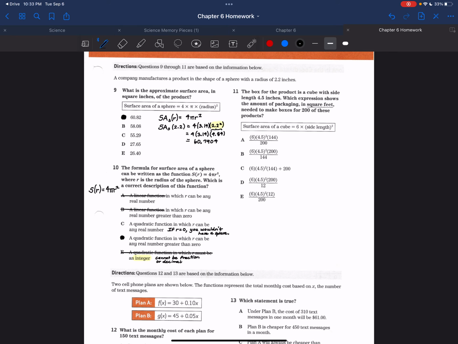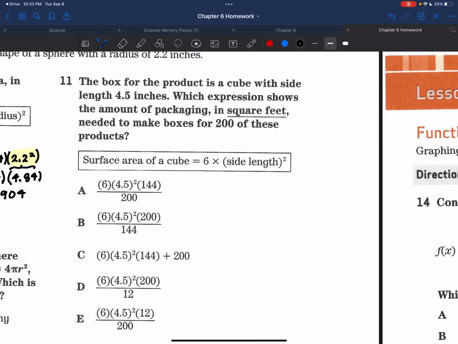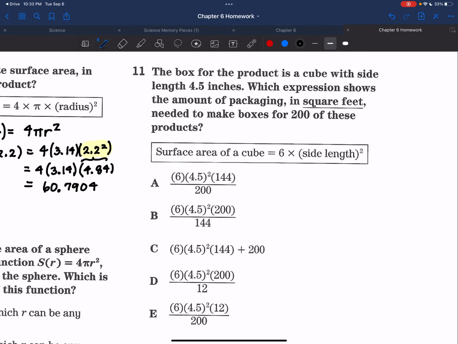Okay, number 11. The box for the product is a cube with side length 4.5 inches. Which expression shows the amount of packaging in square feet needed to make boxes for 200 of these products, when the surface area for a cube is 6 times the side length squared?